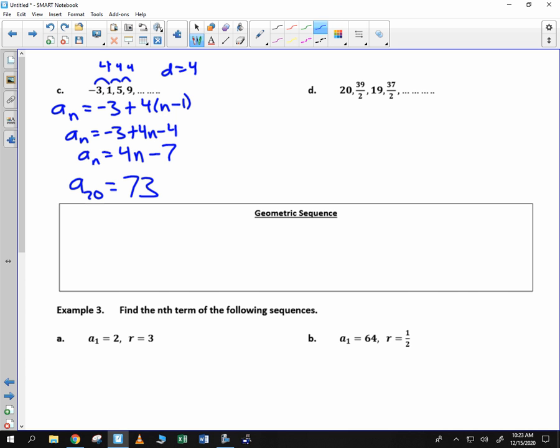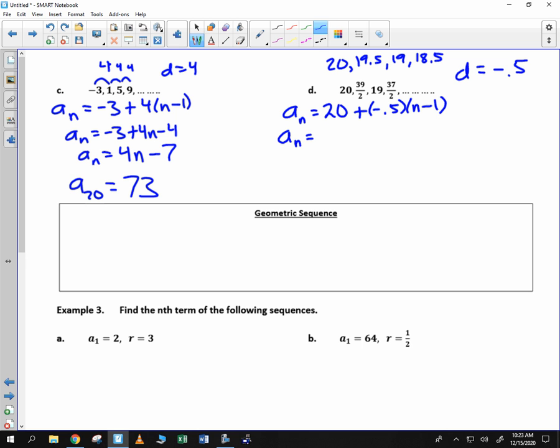Sometimes you need to convert things to decimals in order to understand them better. 20, 19.5, 19, 18.5, so on and so forth. It looks like the difference is -0.5. So the a sub nth term is your first term plus -0.5 times n minus 1.